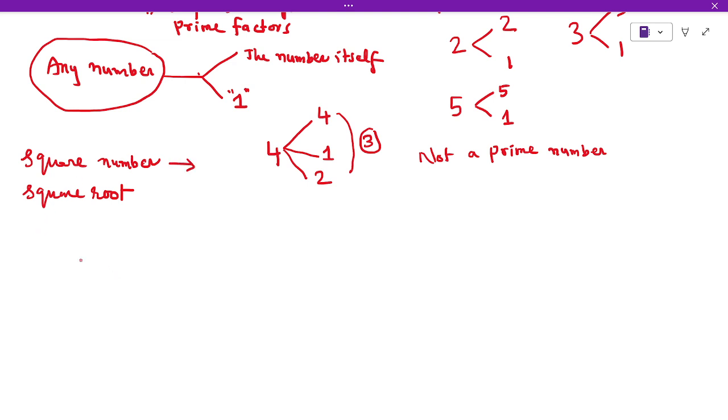So the next task is how to find the square root.